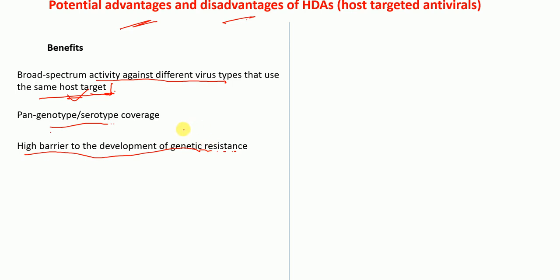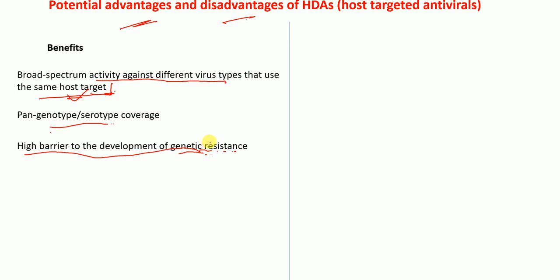And another important advantage is that they have a high barrier to the development of genetic resistance, because even if there is some mutation in the virus, that will not affect so much. Because we are targeting the host molecule, the mutation in the virus will have minimal effect on the host-directed antiviral agents.